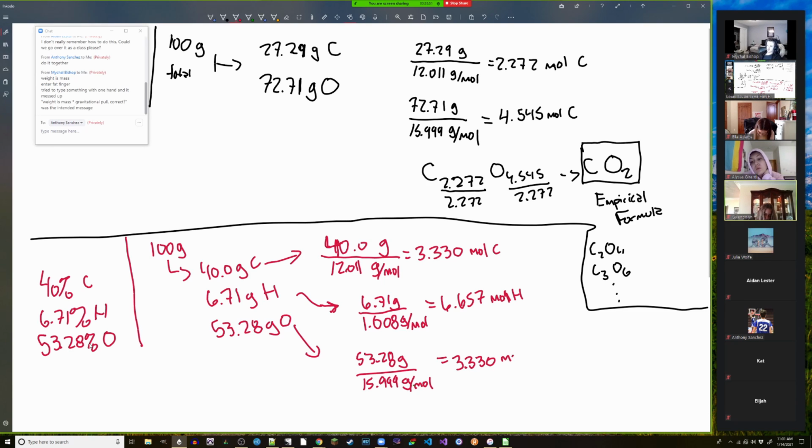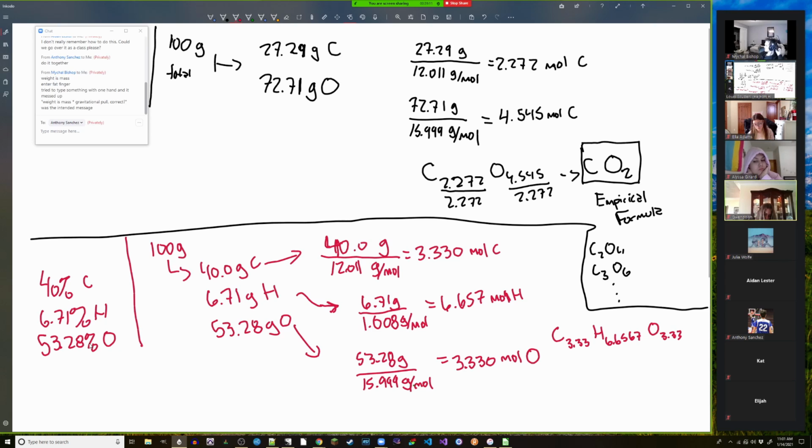It's like the same number as above. So we're going to have carbon 3.33, hydrogen 6.6567, and oxygen 3.33.